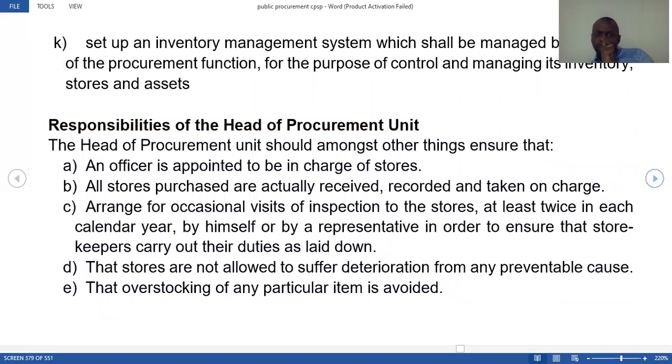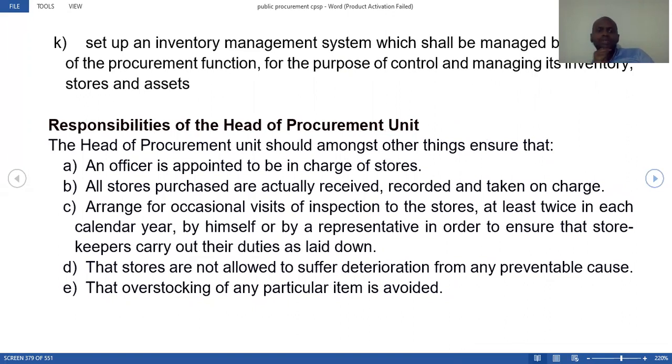Then we also have the responsibility of the head of procurement unit. And remember, we said a unit is another name for a department or a function. So sometimes you might get a question in exams that tells you to give the responsibilities of the head of procurement function, or the head of procurement department, or the head of procurement unit. So they are all one and the same thing.